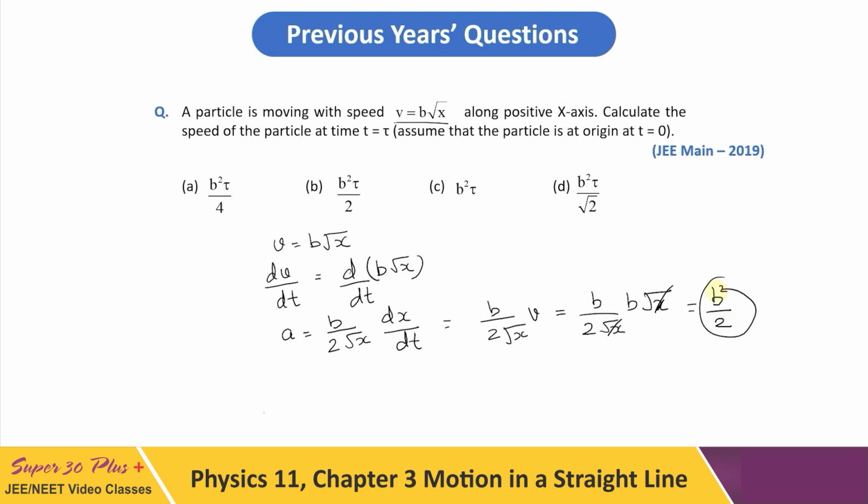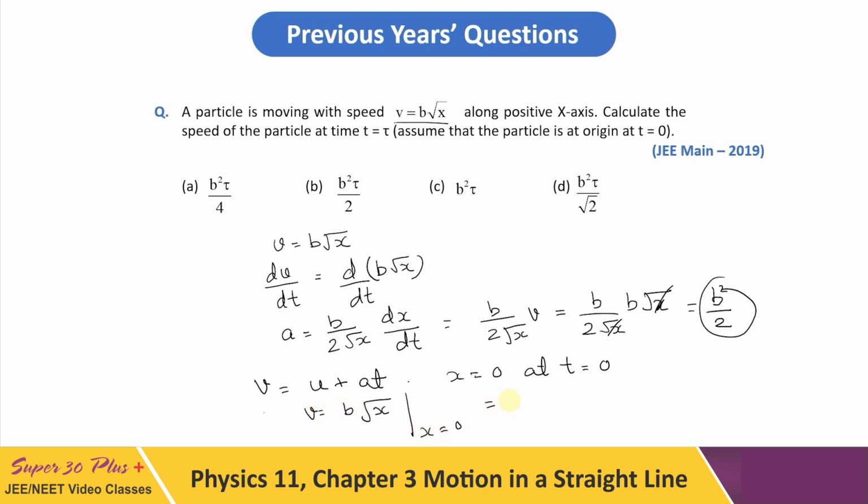So we can write v is equal to u plus at, right? And value of a already we have given here. So initial speed will be, also it is given that x is equal to 0 at t is equal to 0. So initial speed will be v is equal to b root x when x is 0.